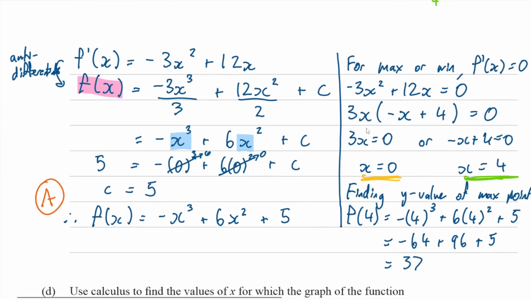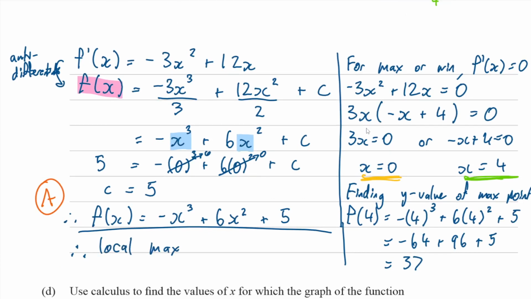So I'm going to write a conclusion that's more fitting of the wording of this question. So therefore, local max at x equals 4, y equals 37. Just to be very clear. And if you got that far, you found the local maximum, that would be merit. So pat on the back. Well done. Have a good day.